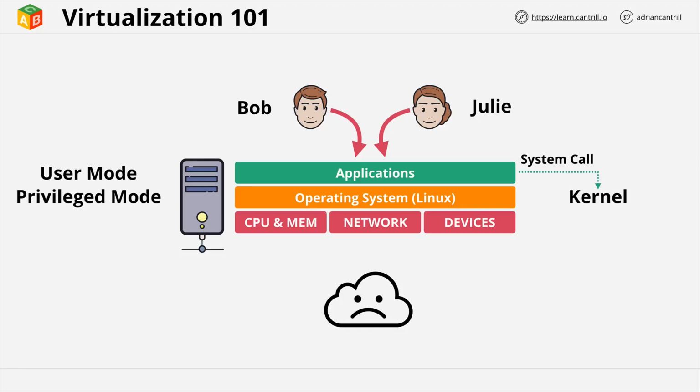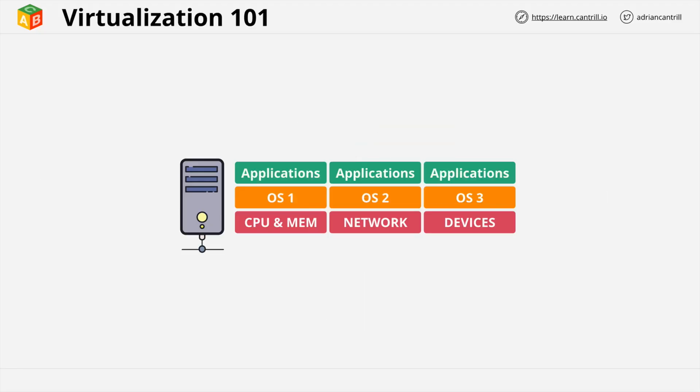Virtualization is how this is changed into this. A single piece of hardware running multiple operating systems. Each operating system is separate, each runs its own applications. But there's a problem. A CPU, at least at this point in time, could only have one thing running as privileged.